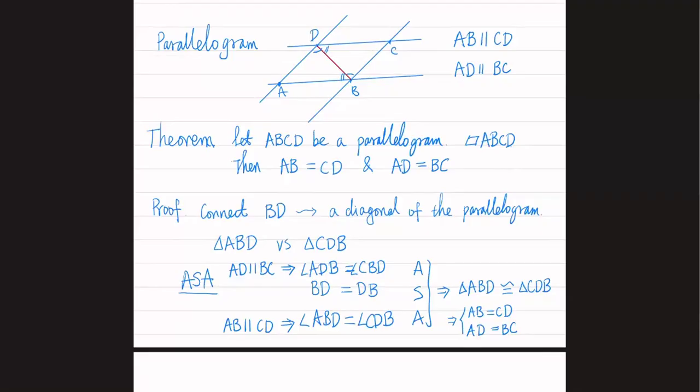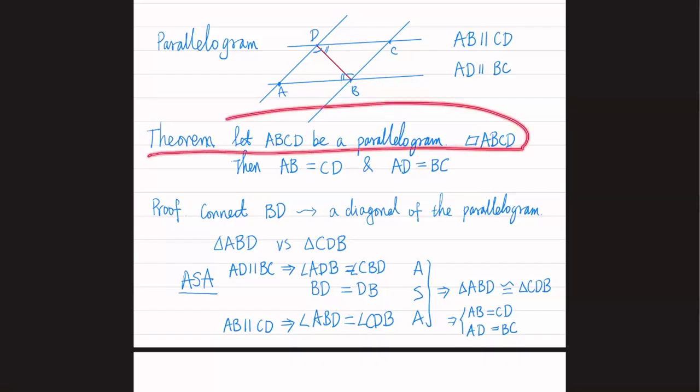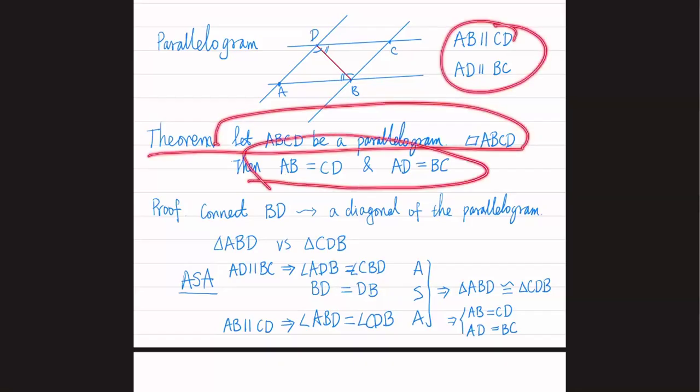Aaron, questions? Is there only ASA here? I mean, there could be SSS, right? Yeah, so that's the problem. To prove the theorem, the only conditions we know are parallel sides. We don't know this yet.